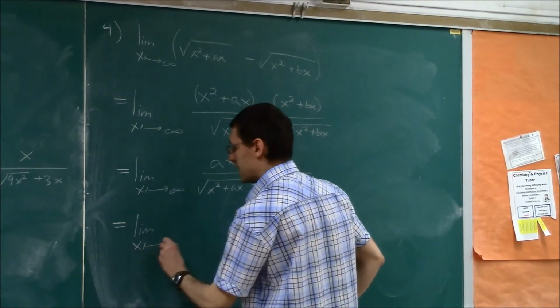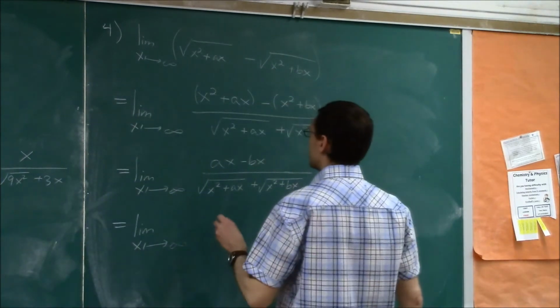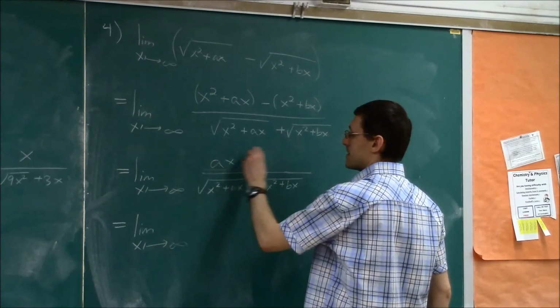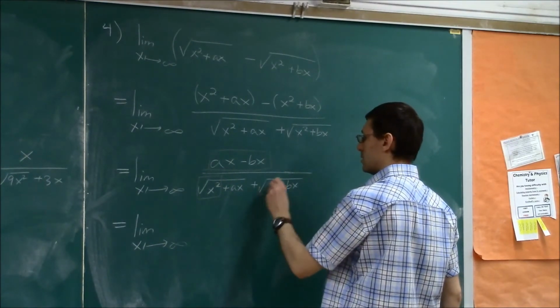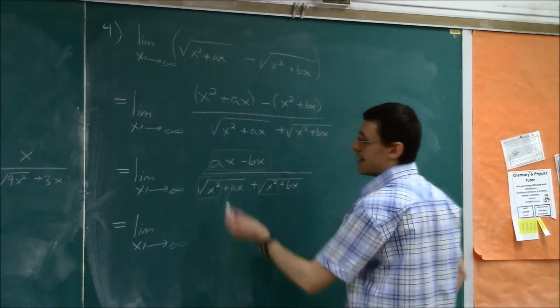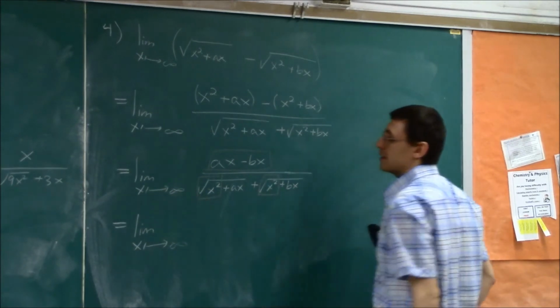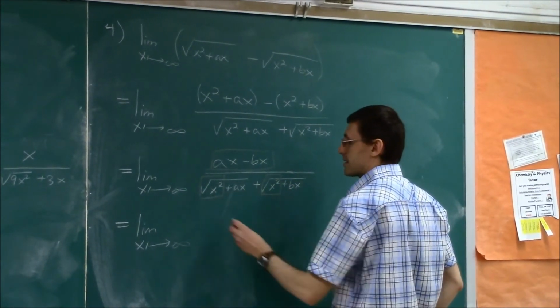So we again can use the box method. The leading term here is this. On the denominator, it's root of x squared and root of x squared. Now, because x is a positive number, x goes to infinity, we can simplify the root of x squared as being equal to x.